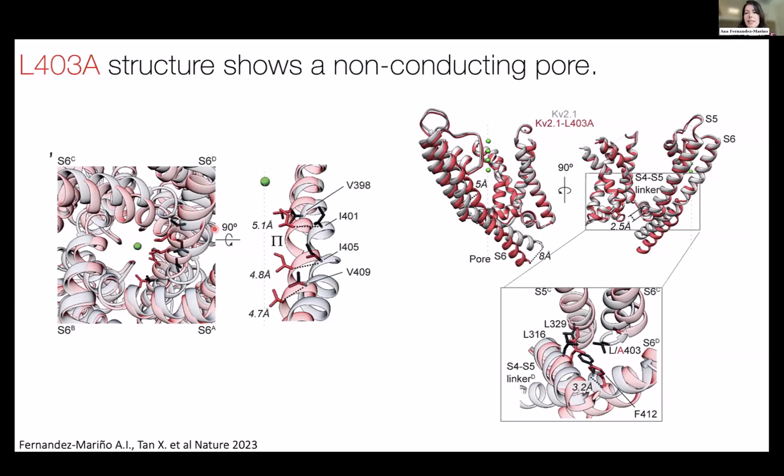So this was kind of puzzling, but also reassuring, in saying we are not introducing structural aberration because we have a mutation, because the mutation is in all of them, but only 2 of them are moving and giving us an inactive channel.